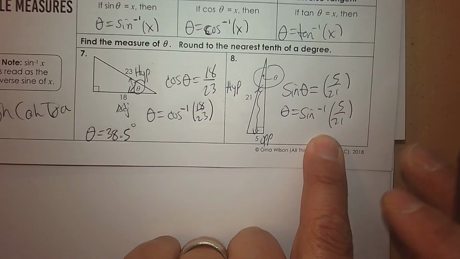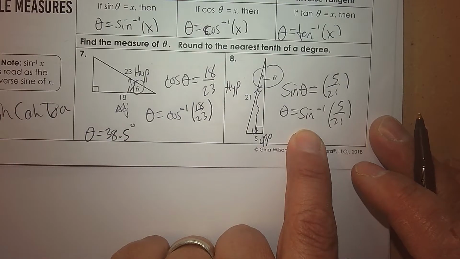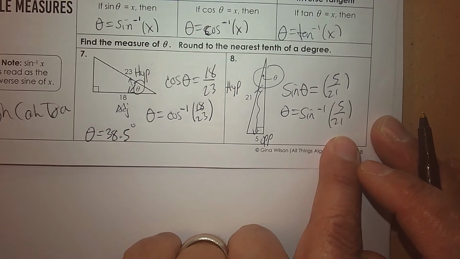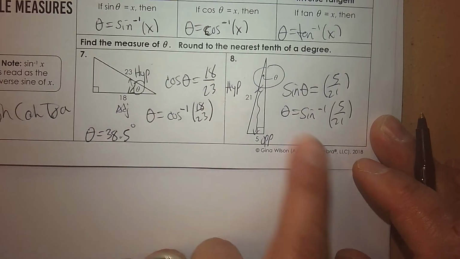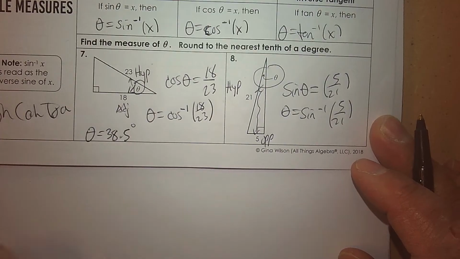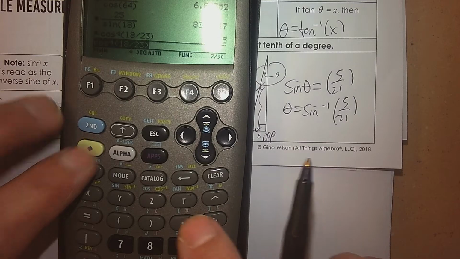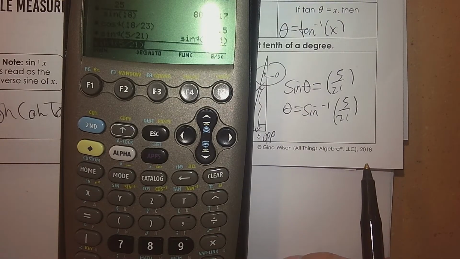If we know we're finding a missing angle, what symbol do we have to use? Inverse. We can get right to inverse, put in the ratio, calculator over, right? Know it's inverse, the ratio, done, right? One step. So, inverse sine 5 over 21. And again, you have to close the parentheses and go diamond enter.